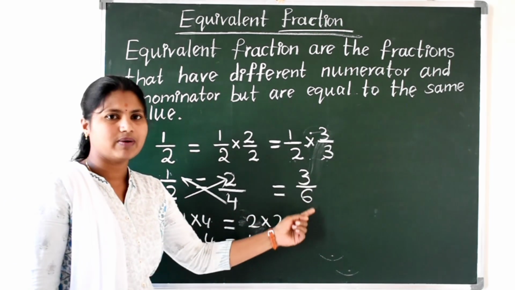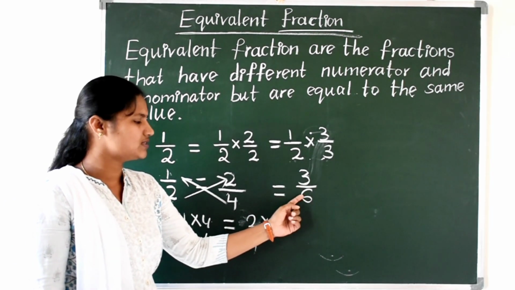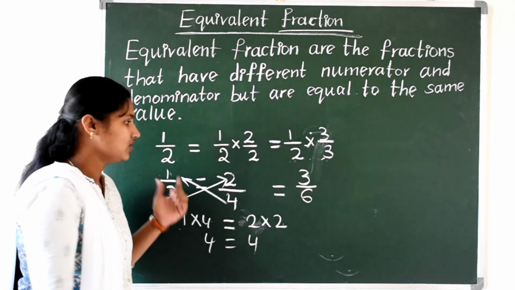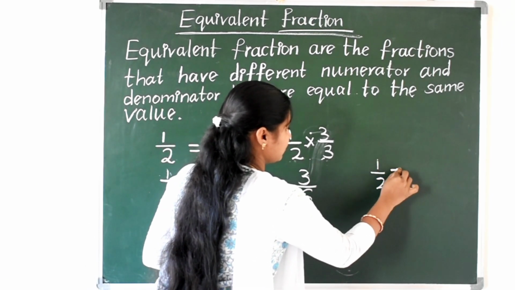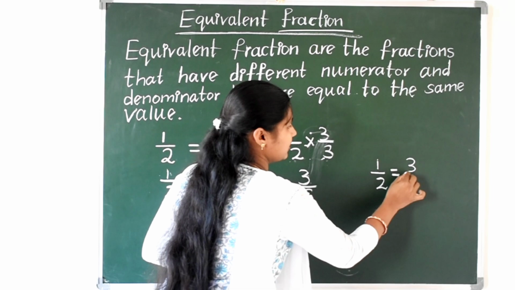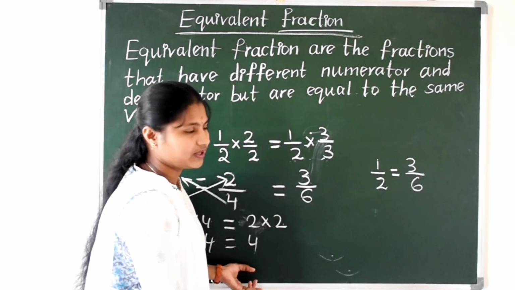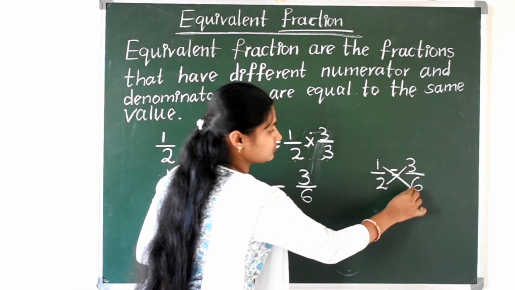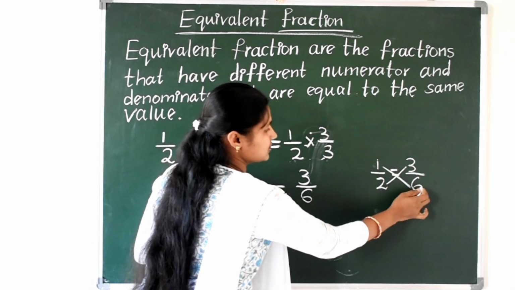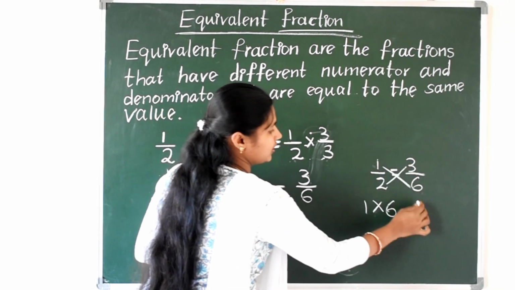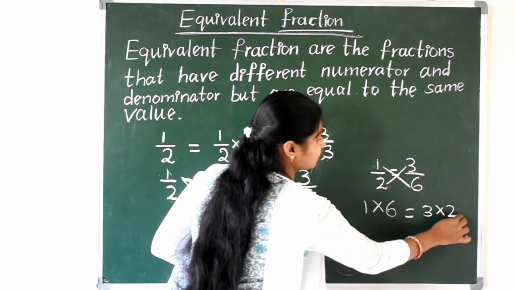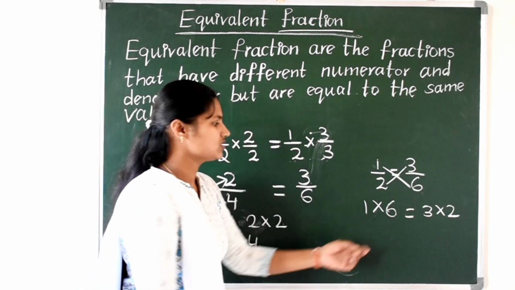Now check 3 by 6. Is 3 by 6 an equivalent fraction or not? 1 by 2 is equal to 3 by 6, right? Now cross multiply here. 1 times 6 equals how much?